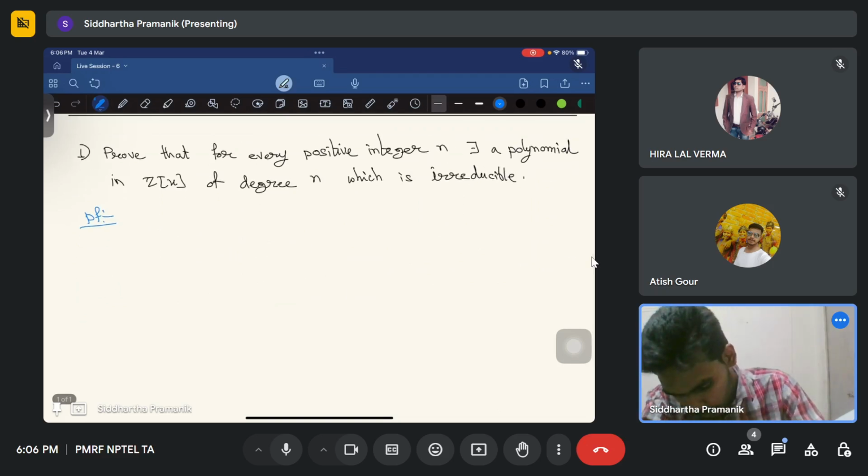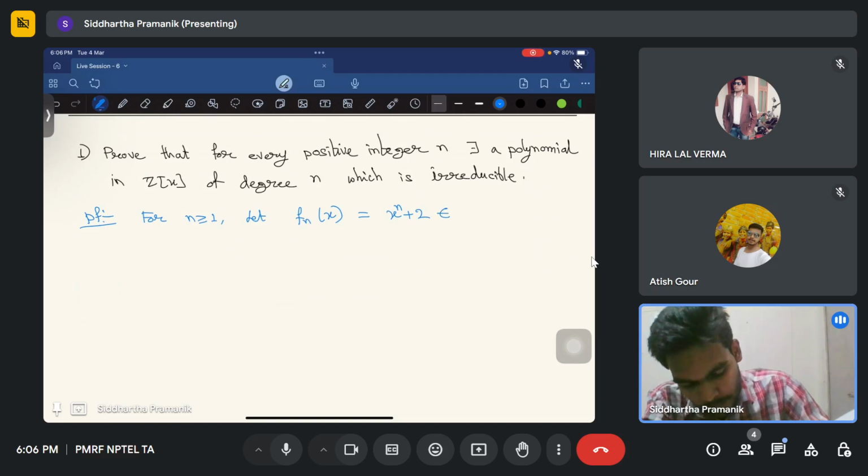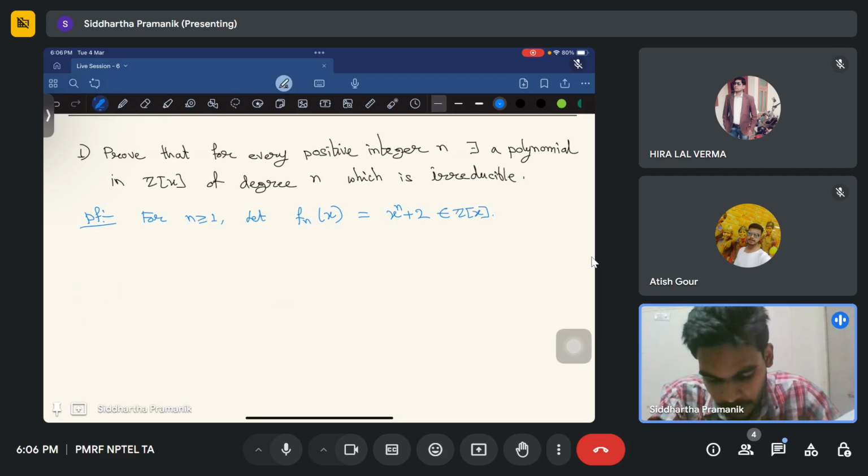So for n greater than or equal to 1, let f_n(x) be x to the power n plus 2, right? Then this is a polynomial in Z[X]. So I am claiming that it is an irreducible polynomial in Z[X]. Can you give some argument why it is irreducible?